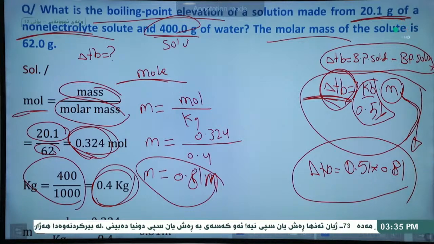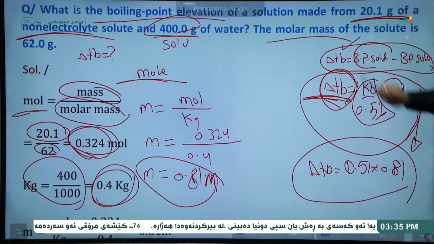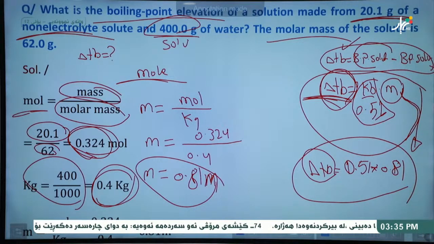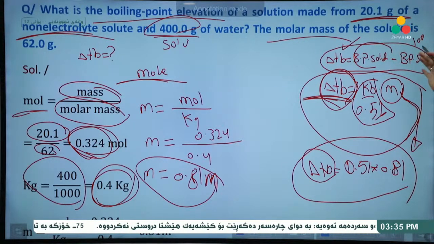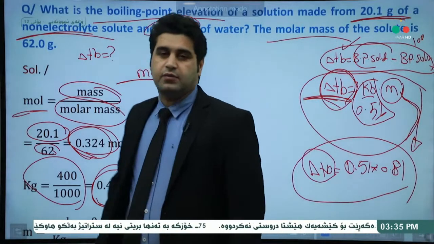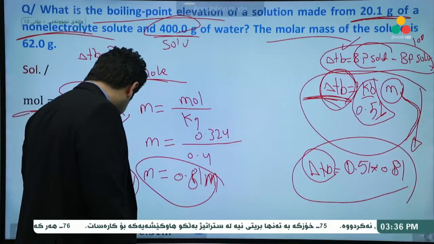Well, what is the boiling point of a solution? We found delta TB, and the boiling point of the solvent is 100 Celsius degree. So just by making your subtraction and using your calculator, you can find out the boiling point of the solution.